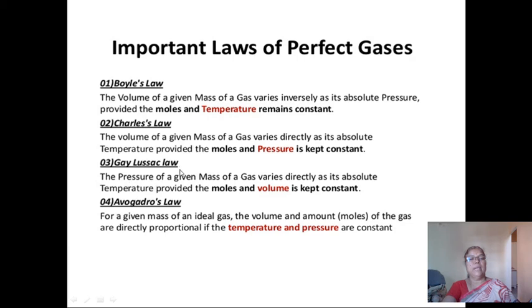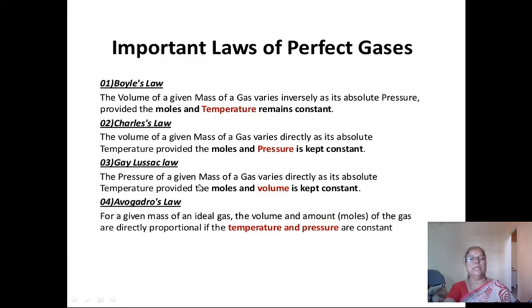Then Gay-Lussac's law: the pressure of a given mass of gas varies directly as its absolute temperature, provided the moles and volume are kept constant. And Avogadro's law: for a given mass of an ideal gas, the volume and the amount, that means moles of gas, are directly proportional if the temperature and pressure are constant.